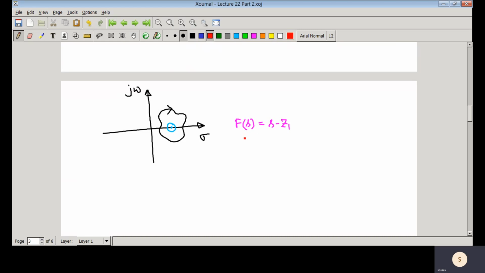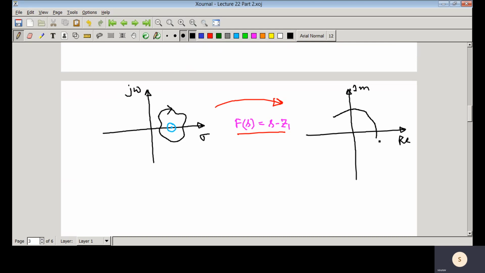Now if we map via this function to the F(s) plane, what would be the plot? This is real and this is imaginary. Interestingly, we will see that here there will be one encirclement and the direction remains the same, but it encircles the origin.